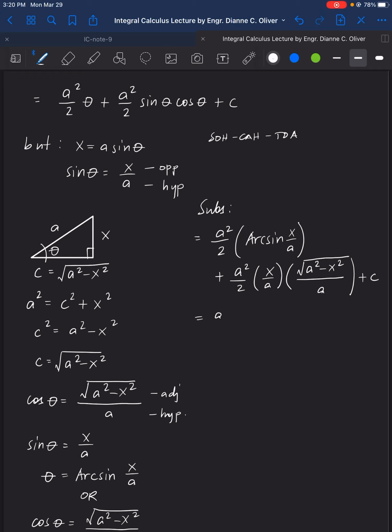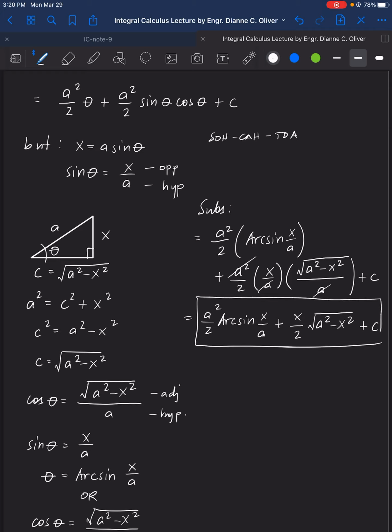Finally, we have a squared over 2 arc sine x over a plus, cancel out a squared, so what's left is x over 2 square root of a squared minus x squared plus c. So that's the final answer.